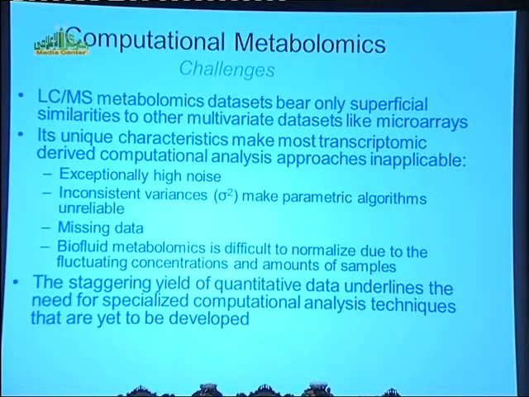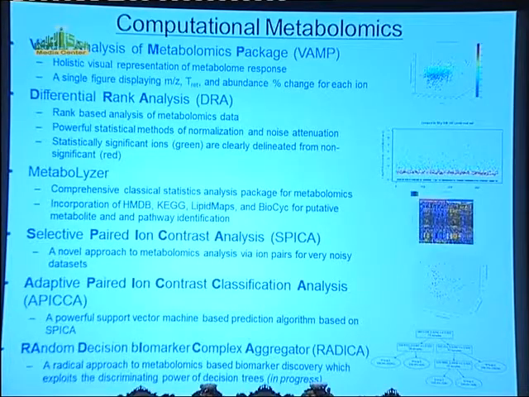And then finally, there's a staggering yield of quantitative data that needs to be considered. So what we have done is we've put together a variety of different statistical packages, which I won't go into here. Some of them are relatively simple, such as this VAMP package, which allows a graphic representation of the changes in particular metabolites.